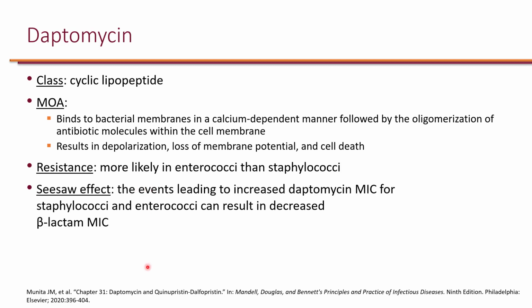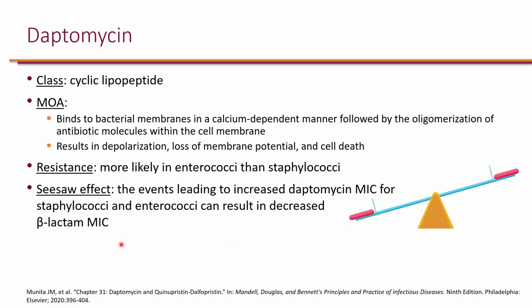Now, something cool about daptomycin is the seesaw effect, which essentially means that, as daptomycin MICs go up, in either staphylococci or enterococci, we can see that beta-lactam MICs go down. So it's kind of seesaw. As the MIC of one goes up, the other one goes down.